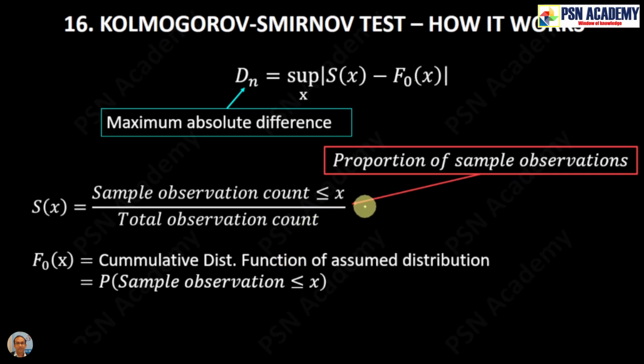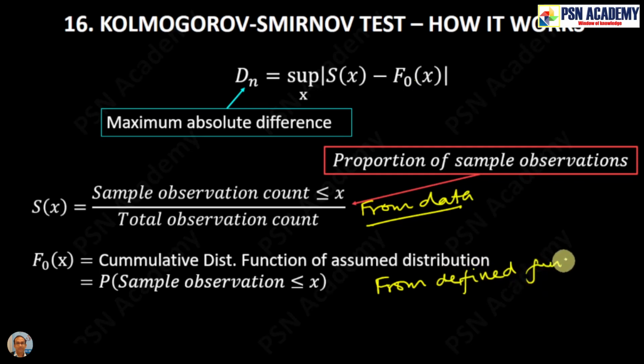Now, S of x is getting the probability from data, and F0 of x is getting the probability from the defined function. For example, if you have the assumed distribution as binomial, then the probability will be nCx p raised to x and (1 minus p) raised to n minus x.